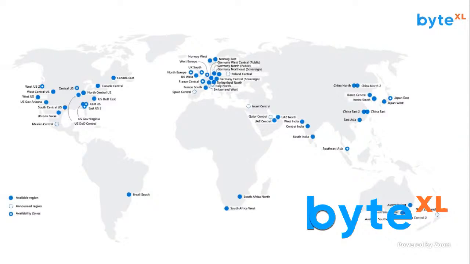A region is a set of data centers deployed within a latency-defined perimeter and connected through a dedicated regional low-latency network. Because every customer prefers high-speed connectivity, with more global regions than any other cloud provider, Azure gives customers the flexibility to deploy applications when they are needed.